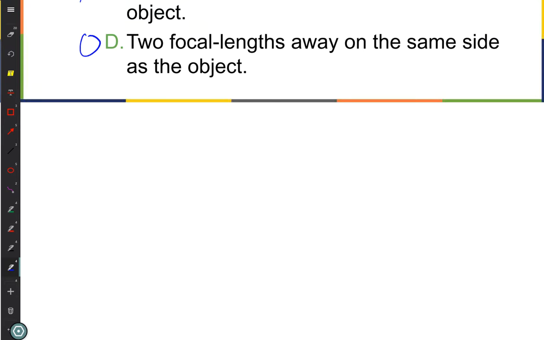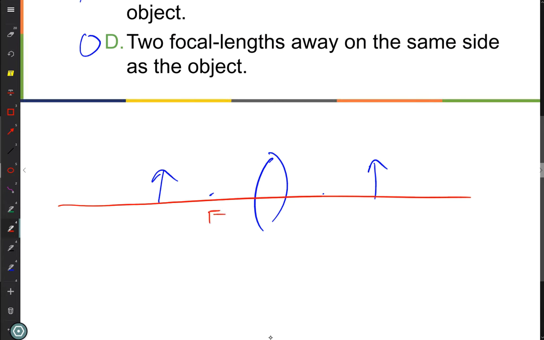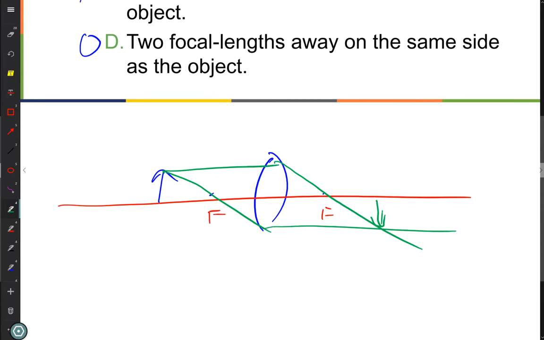Now, what you were thinking, the symmetry you were thinking, is 2F. If you have it 2 focal lengths away, then you're going to have an exact symmetry between your focal ray and your parallel ray. And so the image here, I don't know why I drew this second object, but the image would be 2 focal lengths away on the other side because of that symmetry.